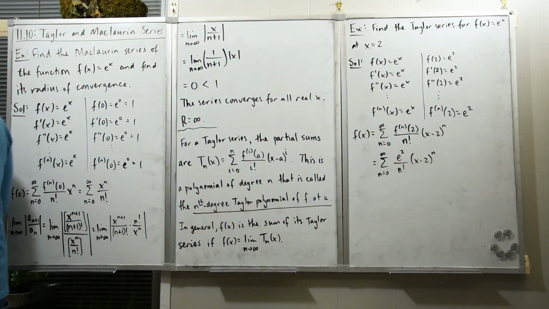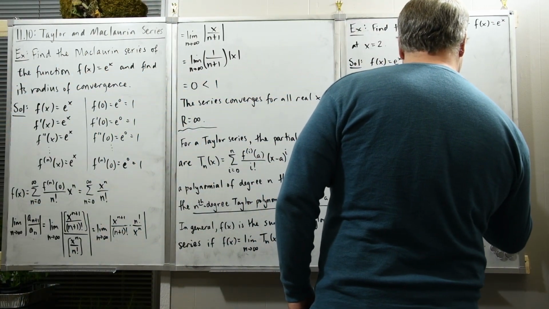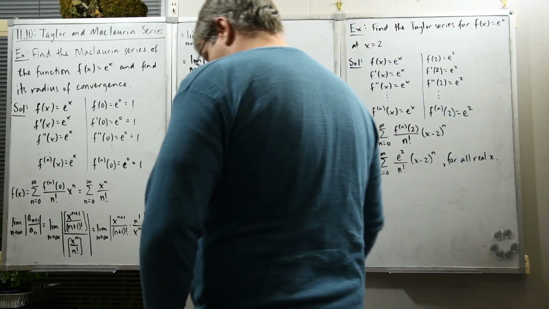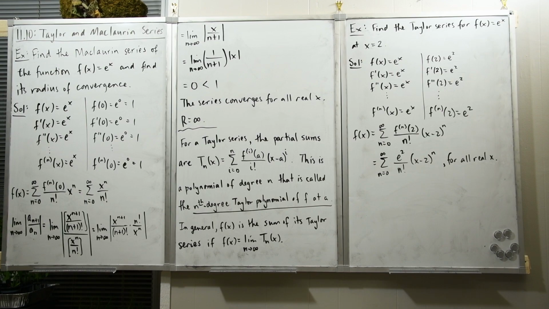So the summation n equals 0 to infinity of e squared over n factorial times x minus 2 raised to the n. And this also is going to work for all real x. You could also verify that using the ratio test if you wanted to, but I'm not going to bother with that here.